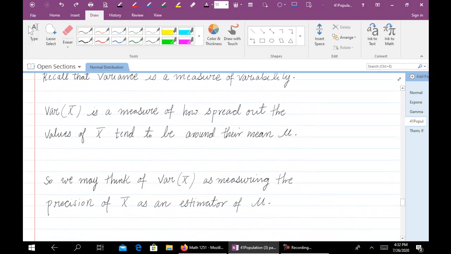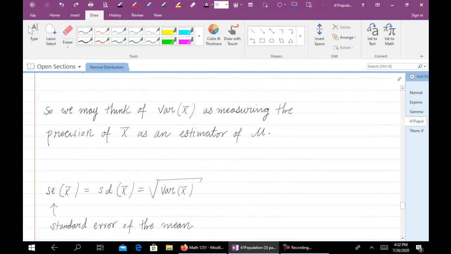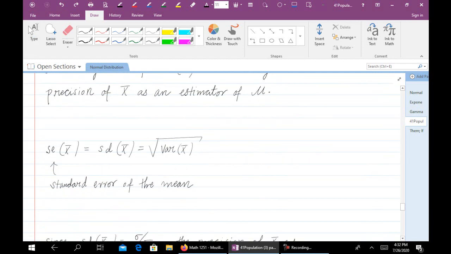So we may think of the variance of x bar as measuring the precision of x bar as an estimator of the mean mu. In that sense, we use the notation SE of x bar, called the standard error of the mean. That's the standard deviation of x bar, which is the root of the variance of x bar.